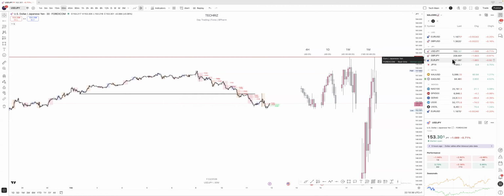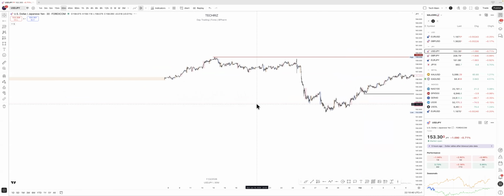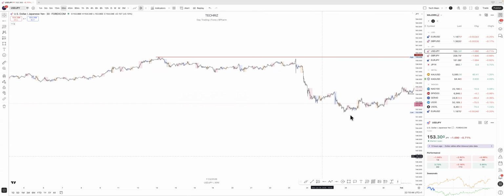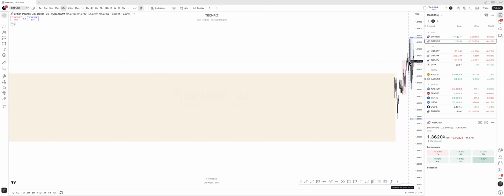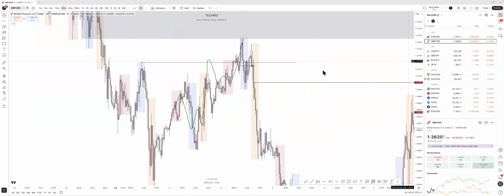Now, most importantly, when we talk about range trading, we need to talk about the power of three, especially the type 1, right?